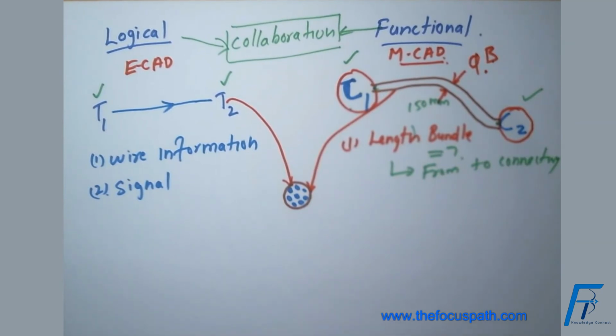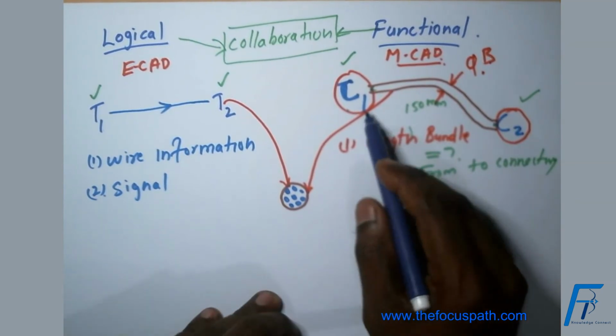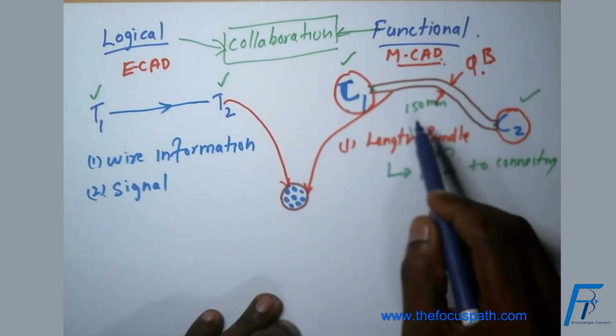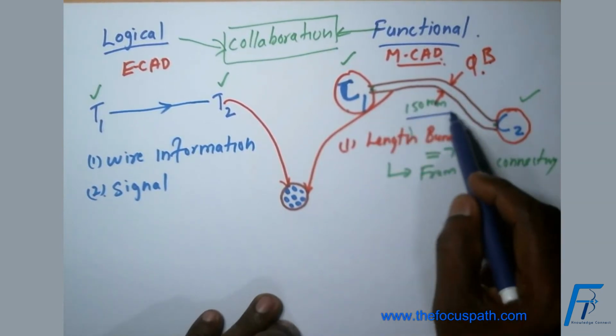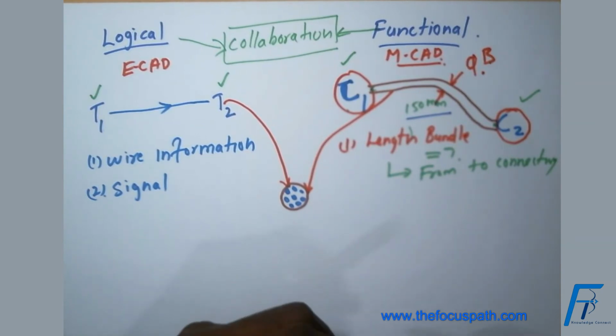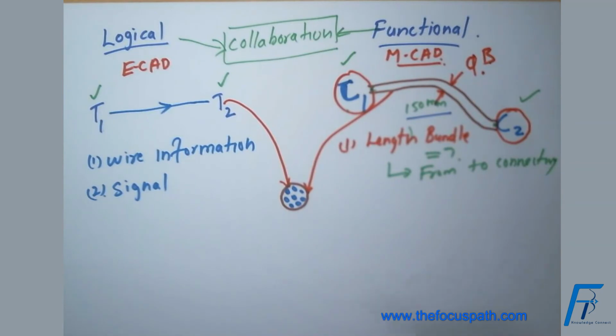For the manufacturer, I will just give the flattened dimension or flattened geometry, or a nail board or form board, with inputs C1 to C2. The length of the bundle is 150 mm of diameter B. So it's a modular design, so I just manufacture and give it.